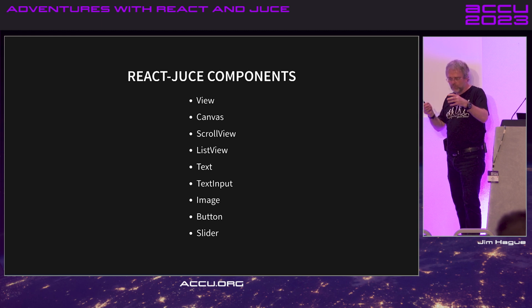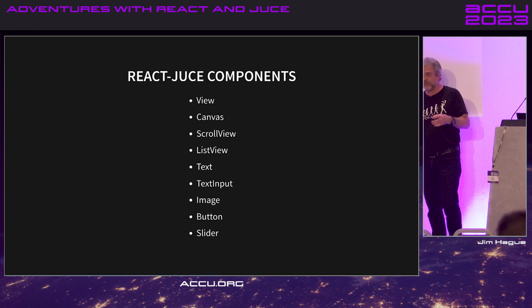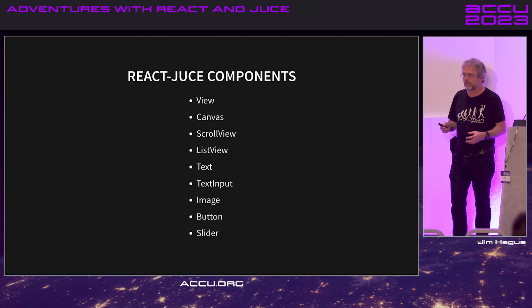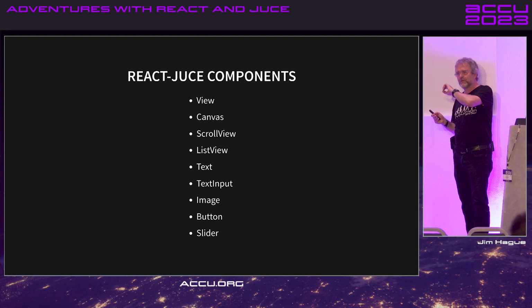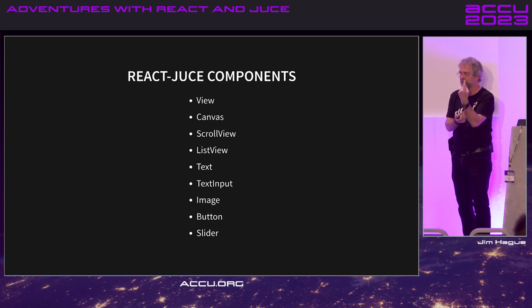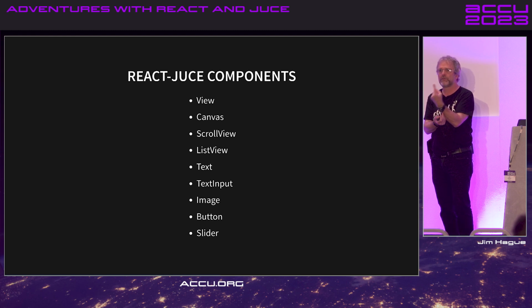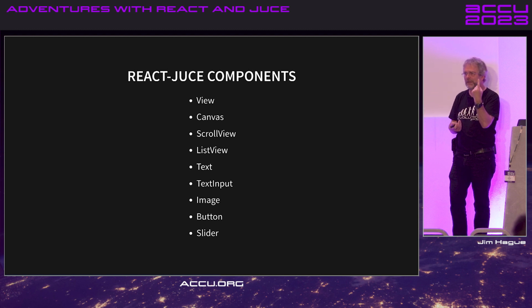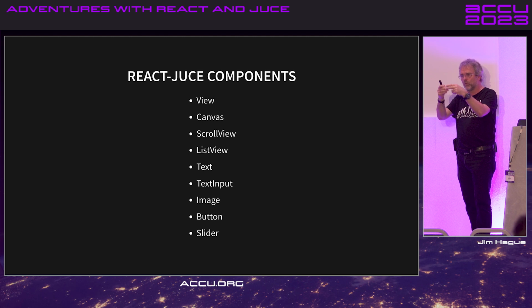Typically, when you're writing a component, in fact, invariably, one thing in React is when you return a component, it's always a single thing, which may include children. So in the case of react-juce, almost invariably what you're getting back is a view which will have one or two other components inside.